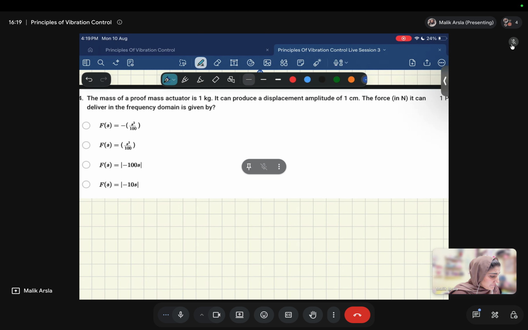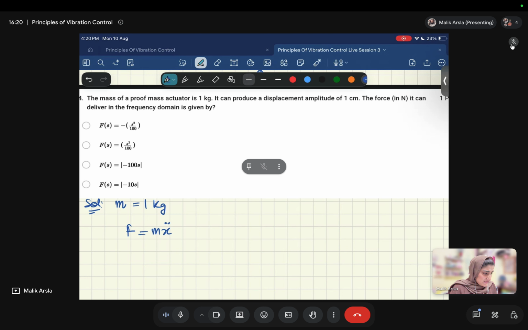In case of the proof mass damper, the proof mass generates a reaction force to control the vibrations by basically accelerating its own mass. Let's say the mass of the proof mass damper is m, which is equal to 1 kg. The force which it generates will be equal to m x double dot.